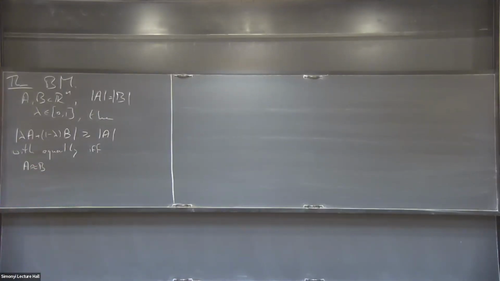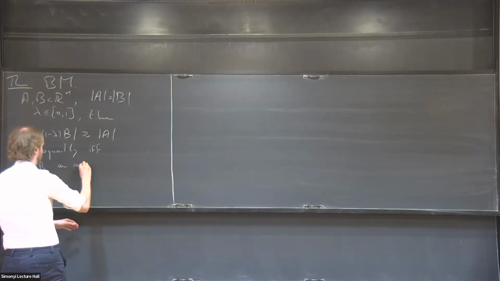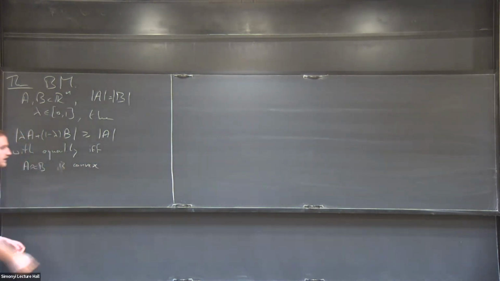By that I mean up to translation, their symmetric difference is 0, and it is convex. What does essentially convex mean? If I take the convex hull, it has symmetric difference measure 0.